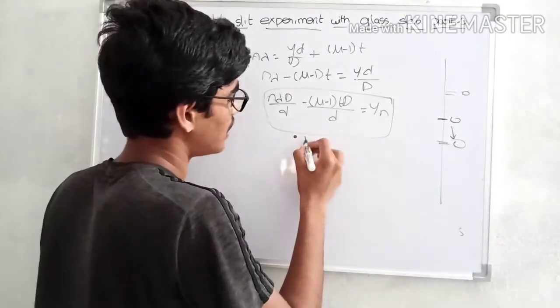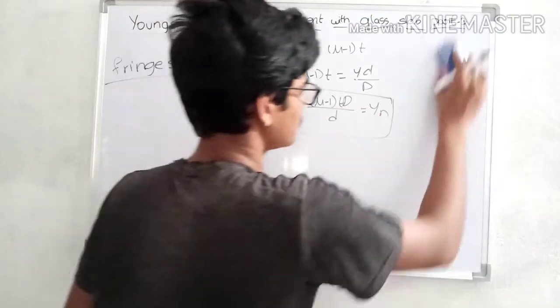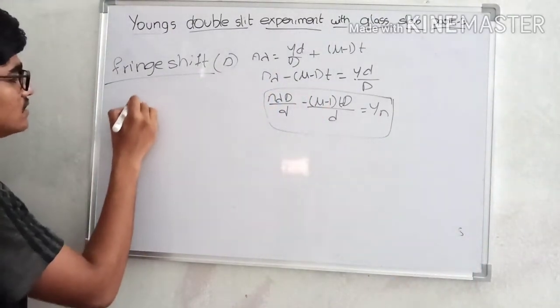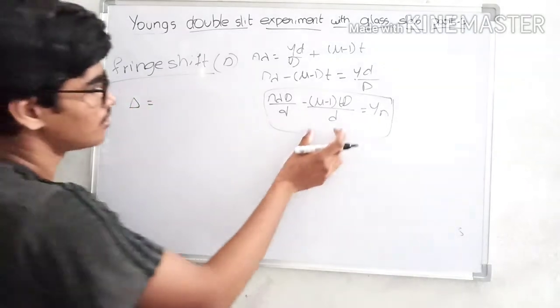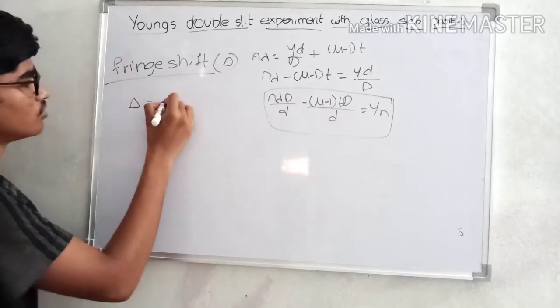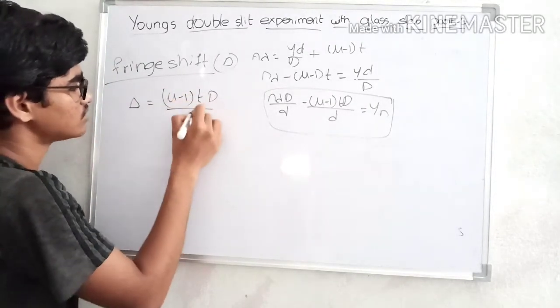If we place it upward, the central maxima position will move upward. So the fringe shift is equal to the variation in the positions of the maxima, which is (mu minus 1) of t capital D by small d.